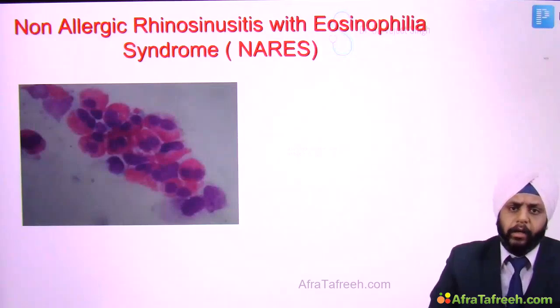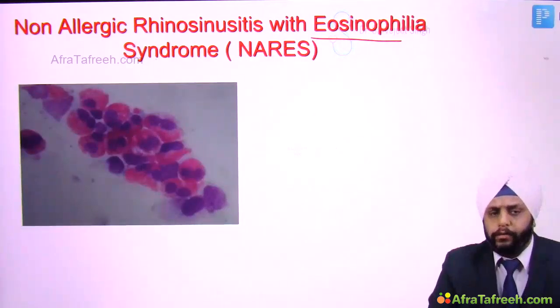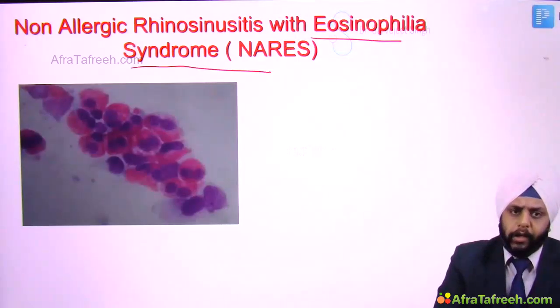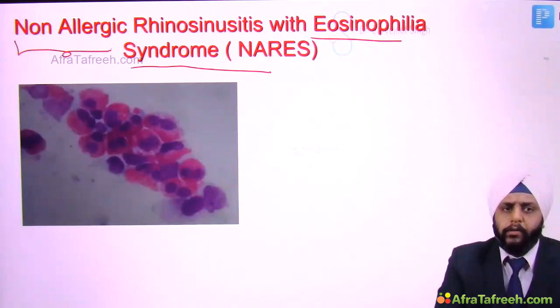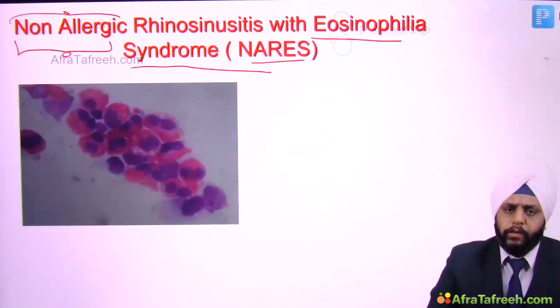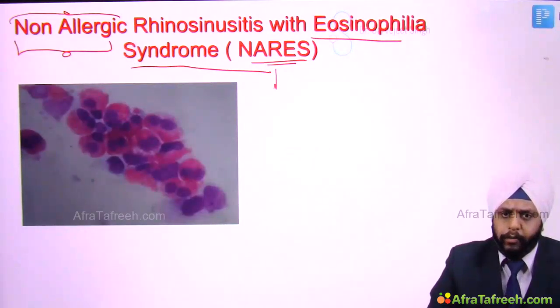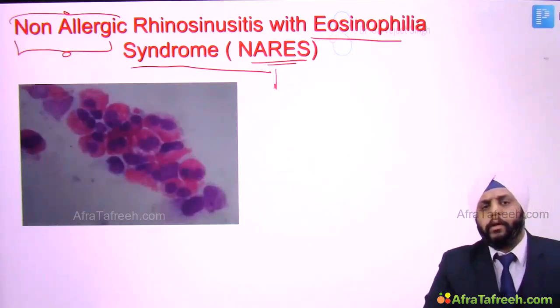So this patient has serum eosinophilia, okay, but the patient is not type 1 hypersensitive. When you do an allergy test, you will find that the patient is non-allergic, right? So this condition, also known as NARES, is also associated with nasal polyps, right?